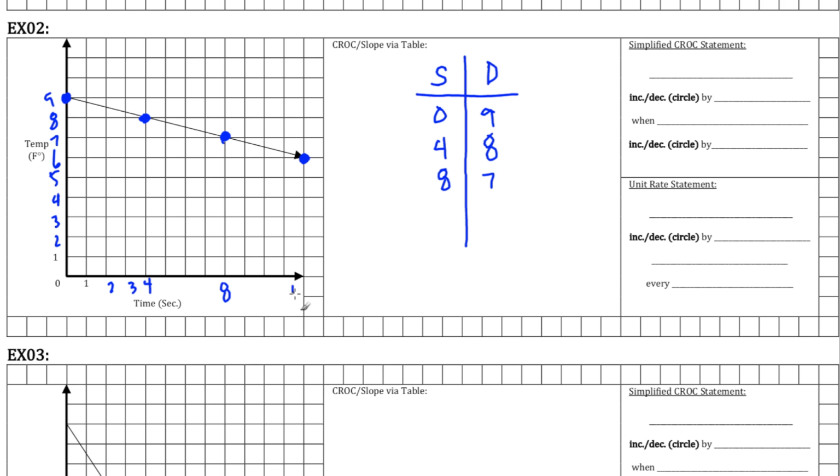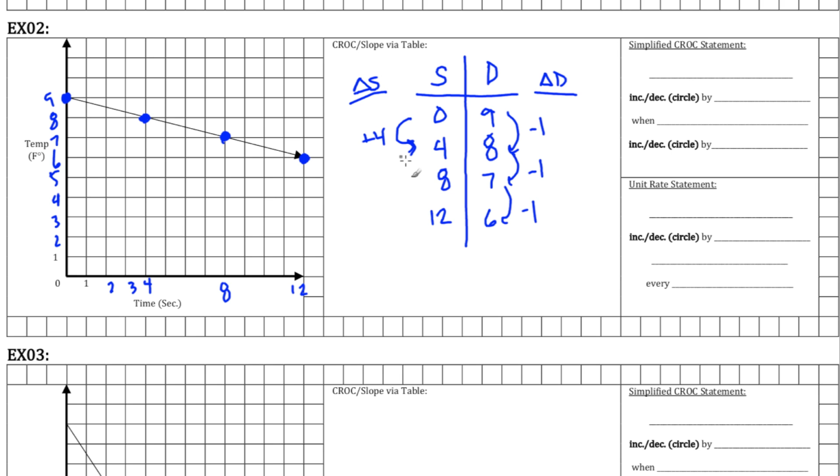And 12, 6. So -1, make sure to show these arrows, -1, -1. And this is the change in seconds. Let me back up. That's change in degrees compared to, or over, change in seconds.